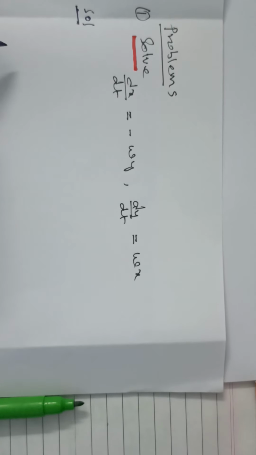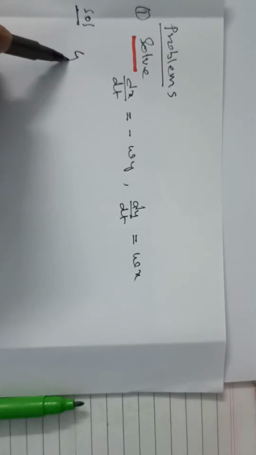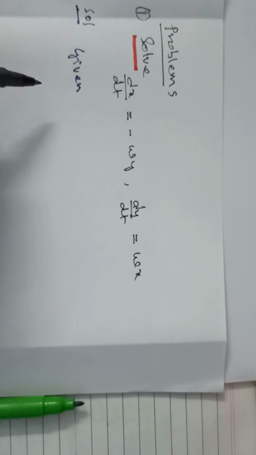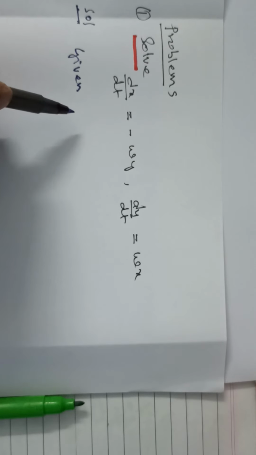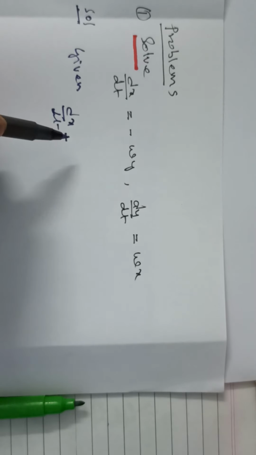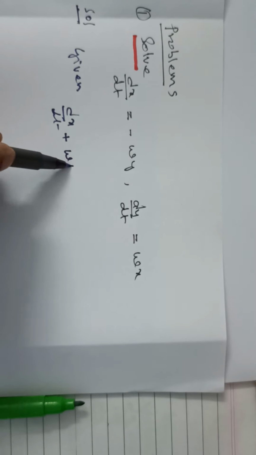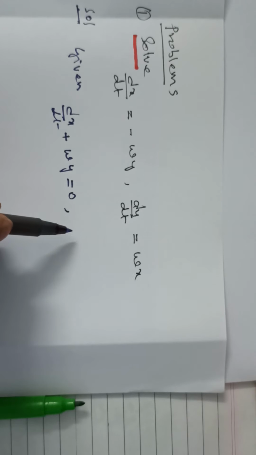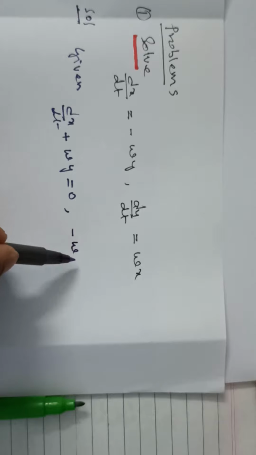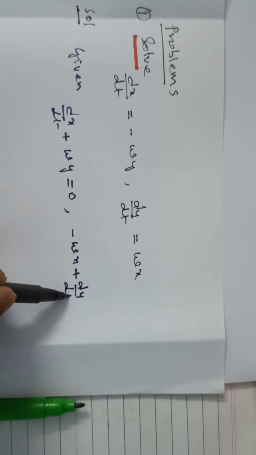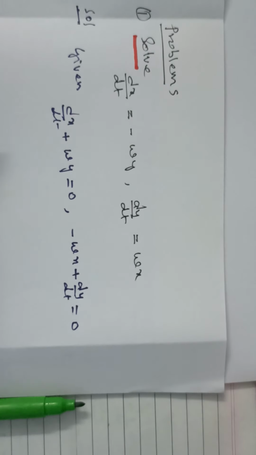Solution. Given dx by dt plus omega y is equal to 0, comma, minus omega x plus dy by dt is equal to 0.